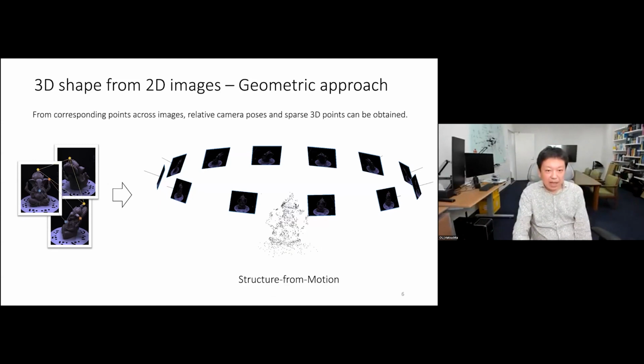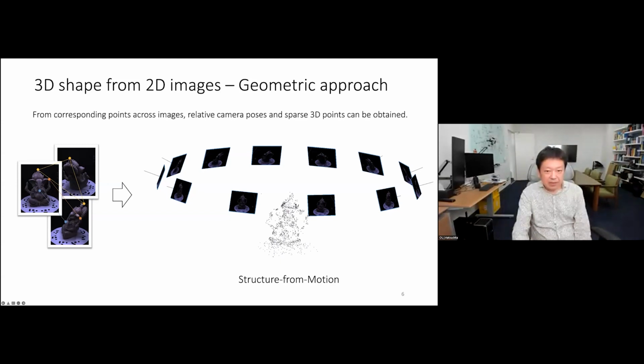The first step for the 3D shape recovery is to identify corresponding points across 2D images. So, which is essentially describing the same 3D points in different 2D images.